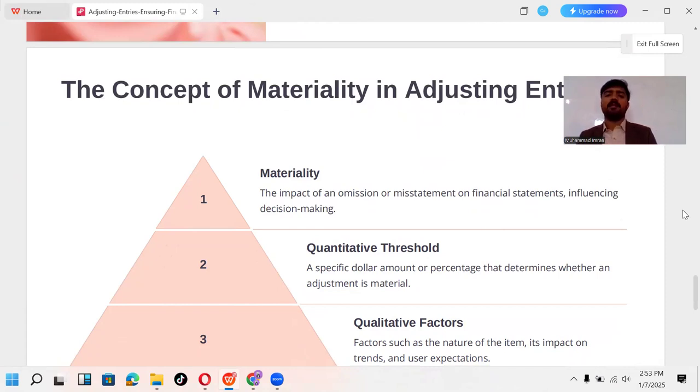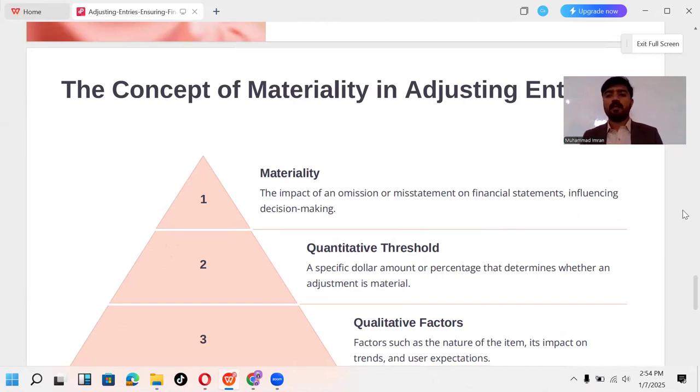Materiality is a specific dollar amount or percentage that determines whether an adjustment is necessary or not. For example, 2% or 3% of large commodities can be exempted, and if that is not recorded, it will not be an issue.